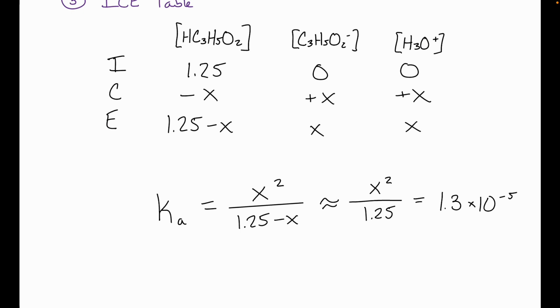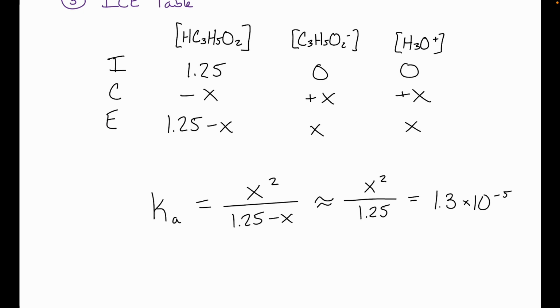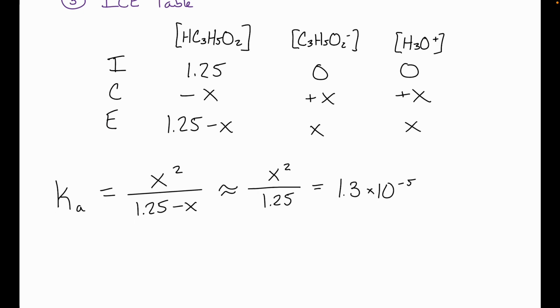All right, now I just have to do some algebra, some rearranging, and solve for x. Just to be clear about what that algebra would be, I'm going to multiply both sides by 1.25. Right?